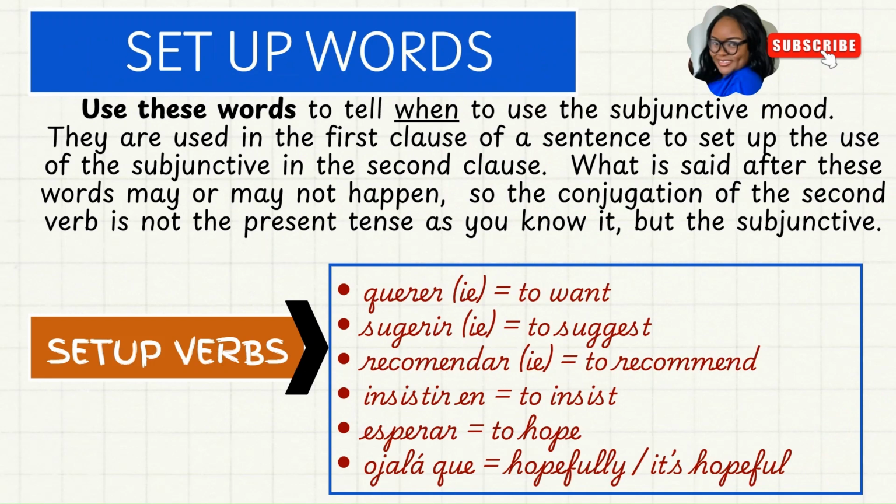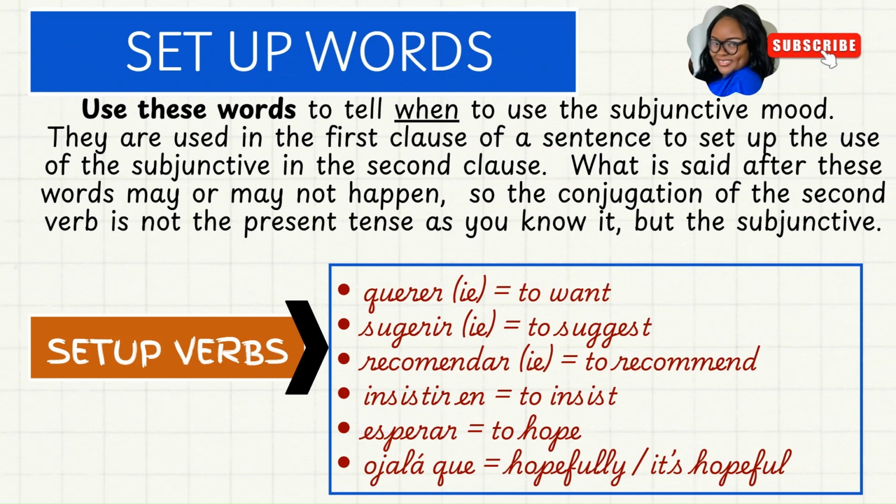So these setup words are used in the first clause of a sentence to set up the use of the subjunctive in the second clause. And don't worry, we're going to figure this out very soon. You're going to see exactly what I'm talking about. Now, as I said before, what is said after these setup words may or may not happen. And so the subjunctive is that conjugation which occurs after the setup word.